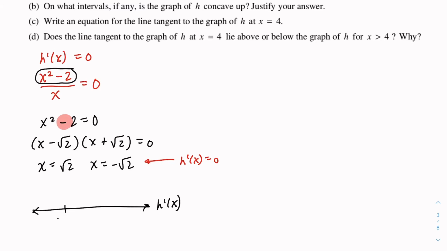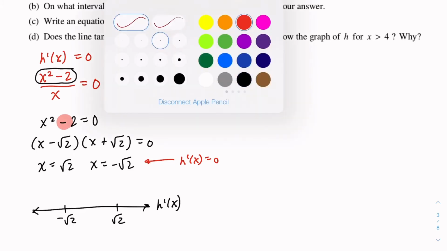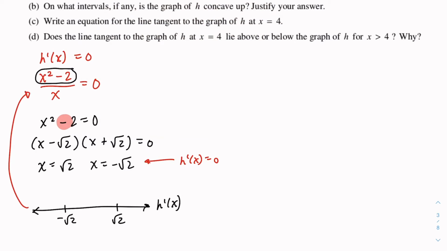So we're going to stick negative radical 2 and positive radical 2 on the number line as zeros. But keep in mind, we're interested in how the entire graph is behaving, so we need to look back at our original function and grab the roots not only from the numerator, which were x equals plus and minus radical 2, but also the roots from the denominator, and you can see our denominator is giving us a root at 0.